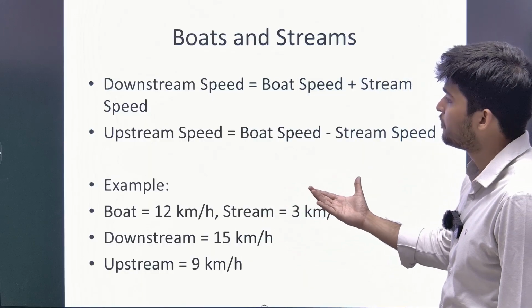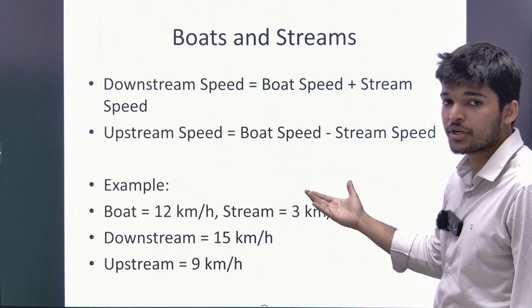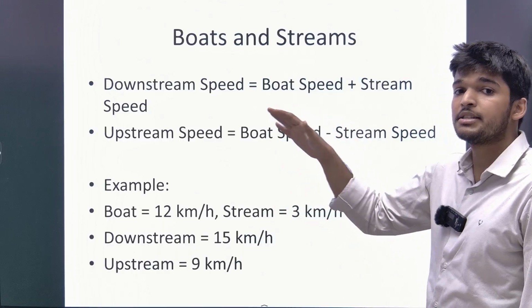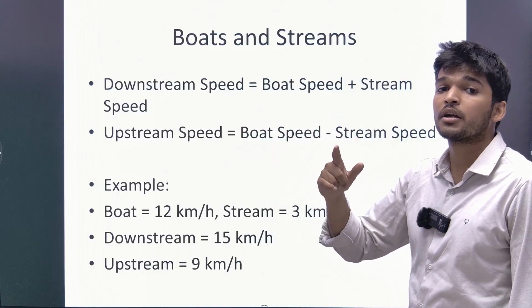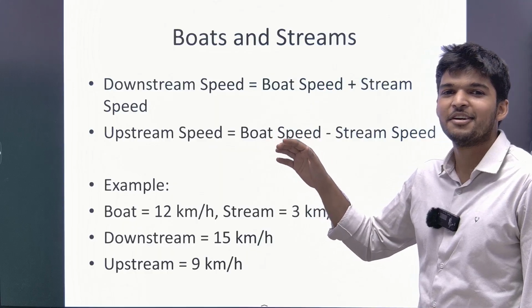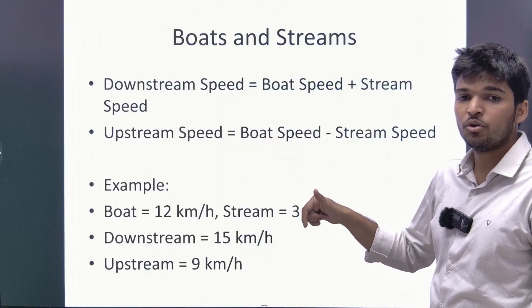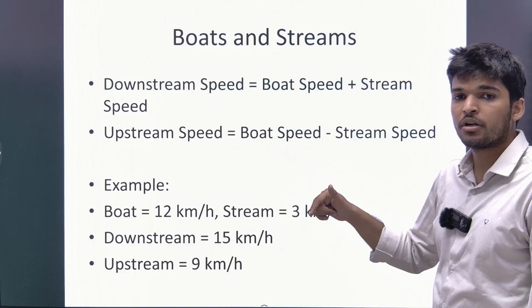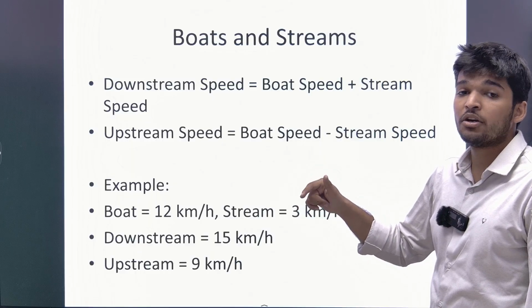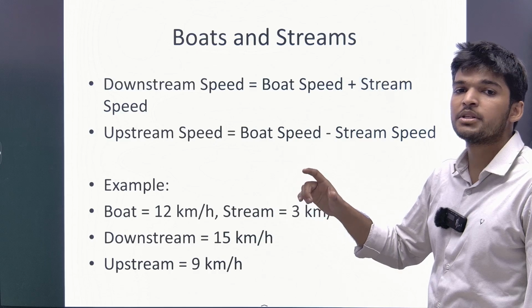Upstream: while moving upstream, the boat is moving against the direction of the stream, the river. So in this case, the speed of the stream would be subtracted from the speed of the boat.